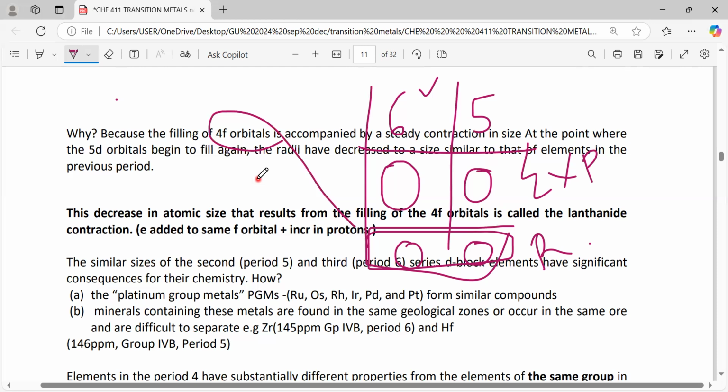Of course, you can rewind my explanation. I don't have to repeat it, given that it's recorded. So that is the reason. This decrease in atomic size that results from the filling of the 4f is called the lanthanide contraction.